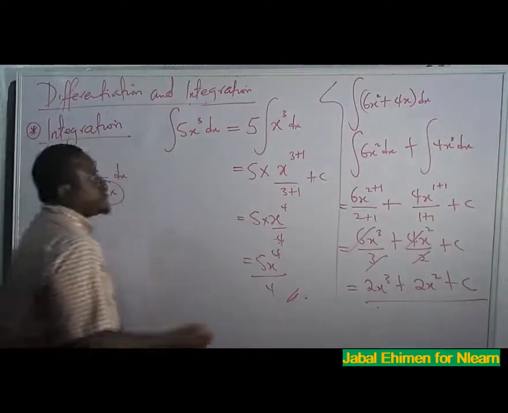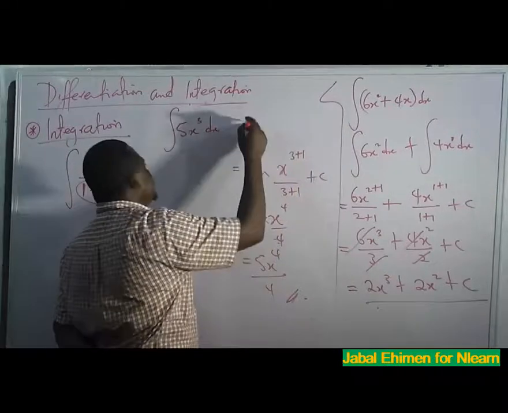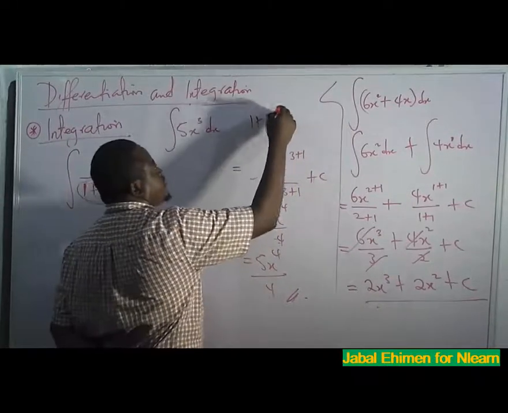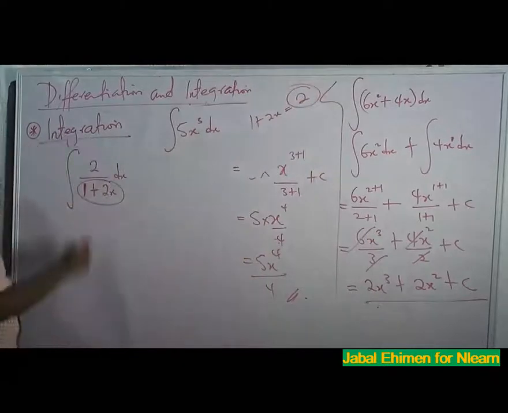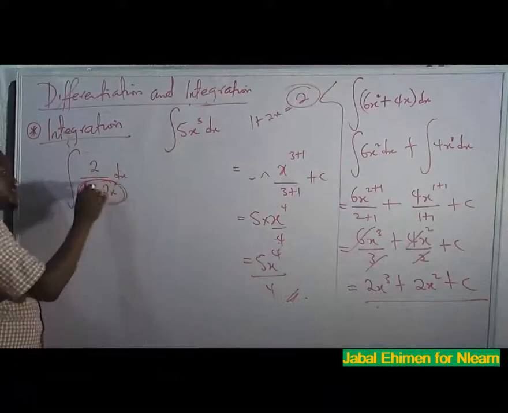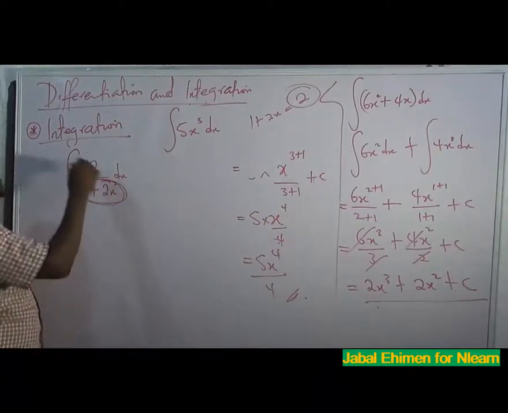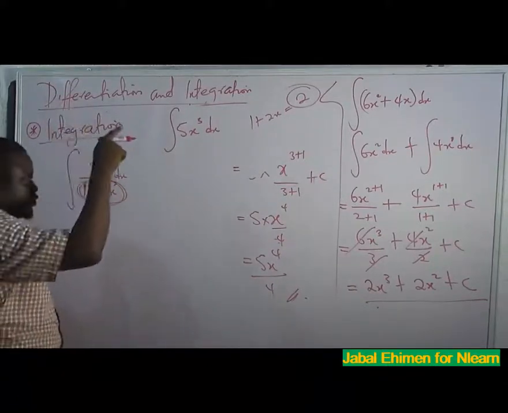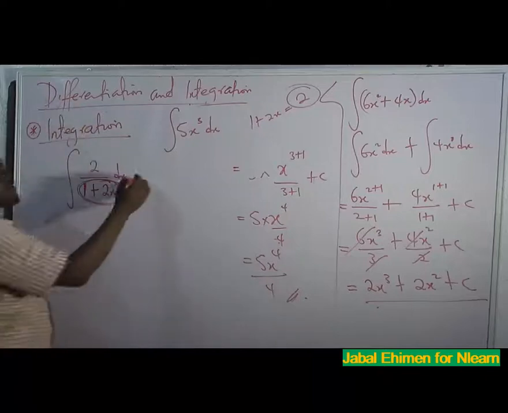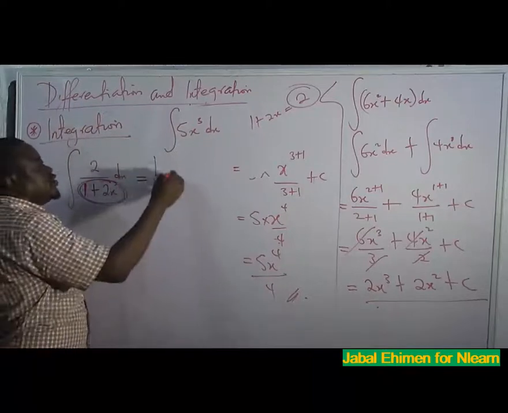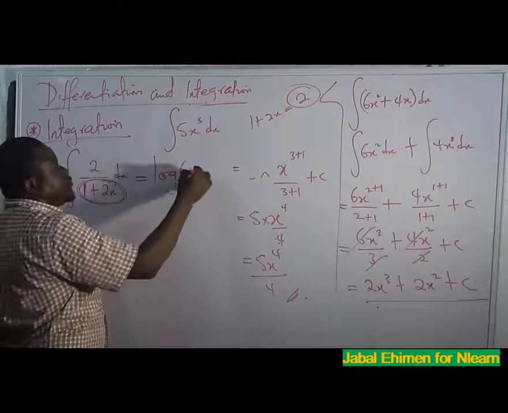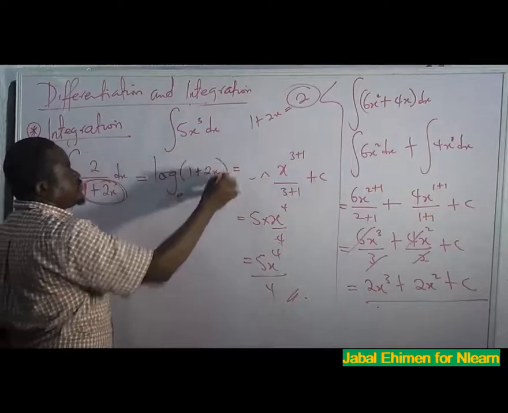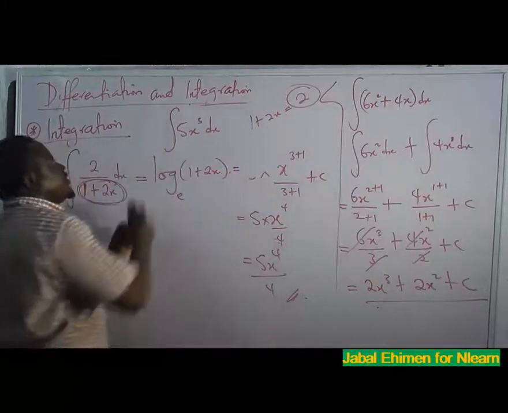What I mean is, if you differentiate 1 plus 2x, you get 2. So whenever you have a problem of this nature, where the differentiated denominator gives the same value as the numerator, the integral automatically becomes the logarithm of the denominator: log e of 1 plus 2x. That's the direct value.